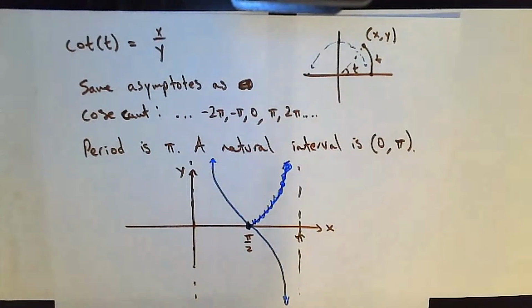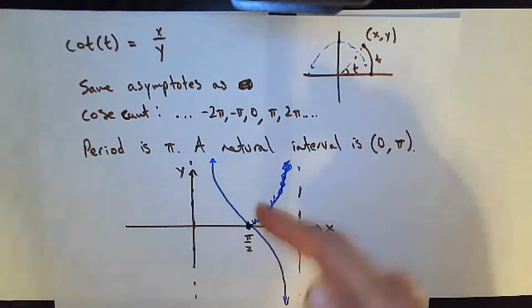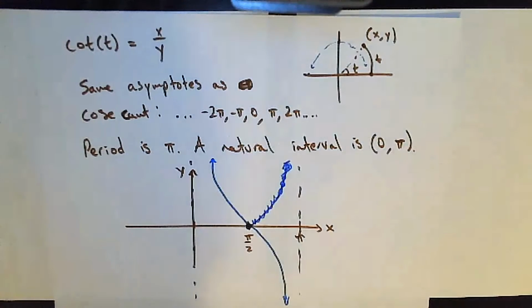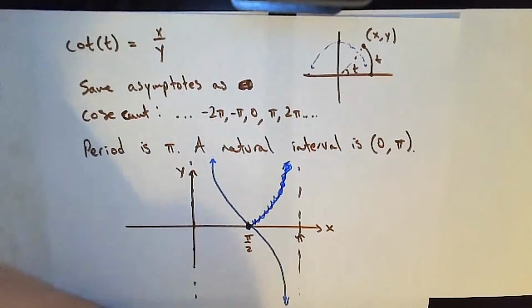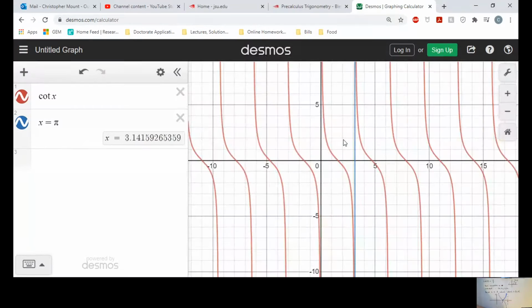So it looks very similar to the tangent graph. It's just scooted and flipped, right? Which we expected because cotangent and tangent are reciprocals of each other with similar domain issues. So let me go ahead and show you a graph of cotangent. I'll show you where we graphed it, because this is kind of a lot to look at here.